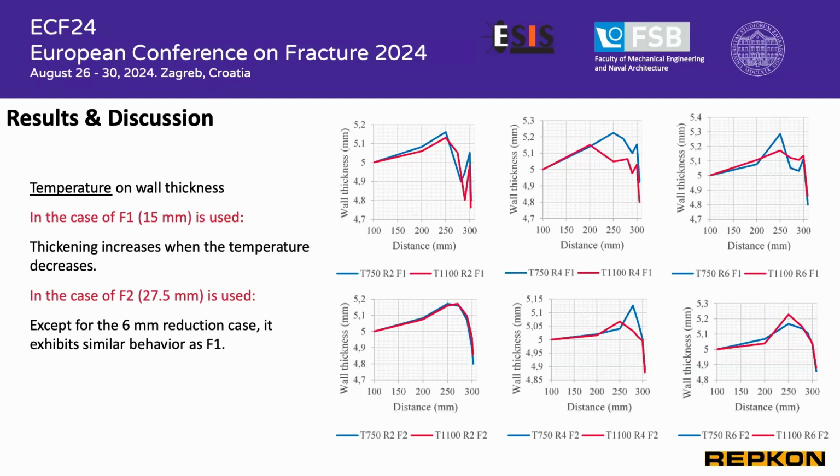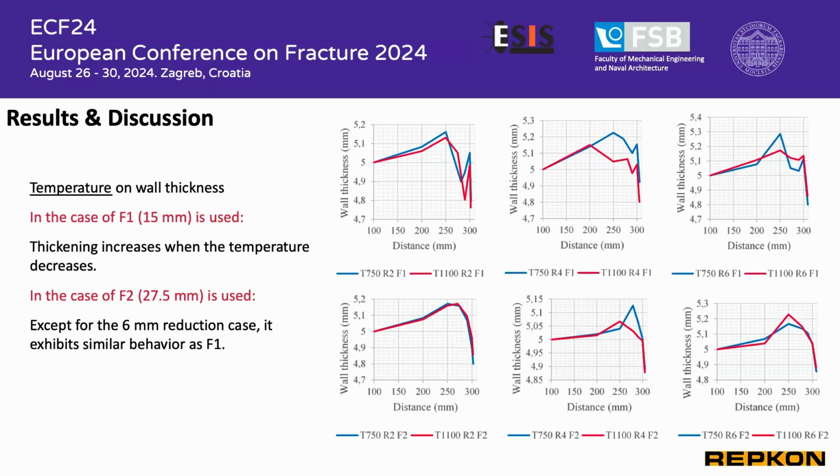And in the case of F2, the larger radius tip, except this one, it doesn't exhibit similar behavior as F1. Of course, we can say the wall thickness is going in the same orientation, but there is no such similarity. Actually, I cannot say. Okay, I just realized.